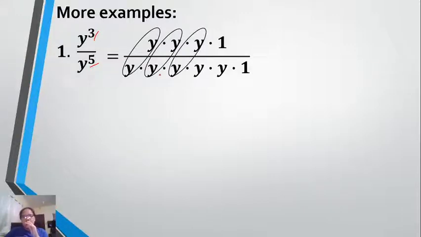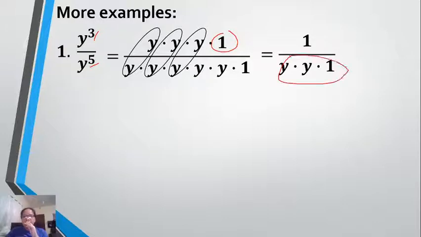So dividing the common factors, y over y will give us 1. So that means what remains in the numerator is 1 as a factor. And in the denominator, 2 y's and 1. Now, if we simplify that, that is 1 over y squared.